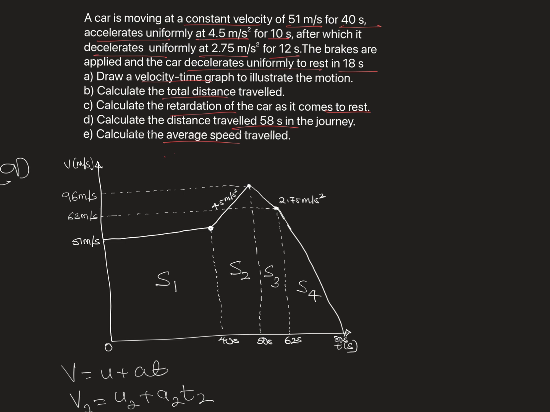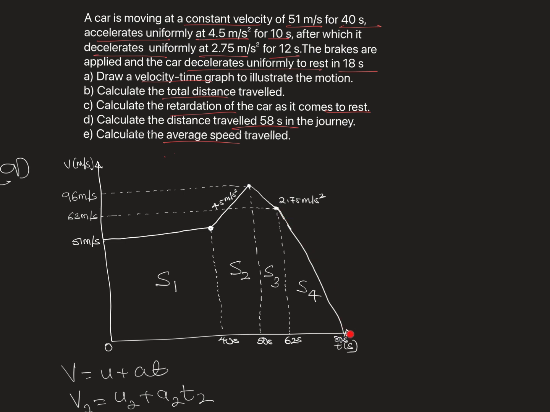Question C asks us to calculate the retardation of the car as it comes to rest. To identify the retardation that brought the car to rest, it is from here to this point.